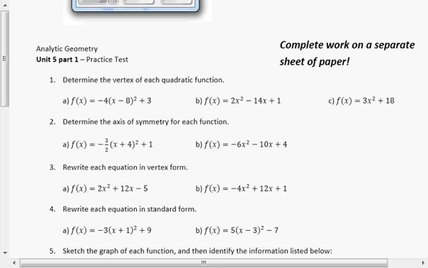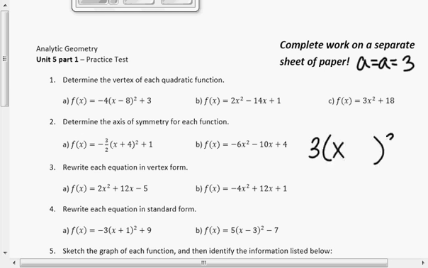For c, we do the same thing. a equals a, which is 3, so 3 times parentheses (x - something) squared. To get h, it's negative b over 2a. But there is no b. Remember, it's ax^2 + bx + c.